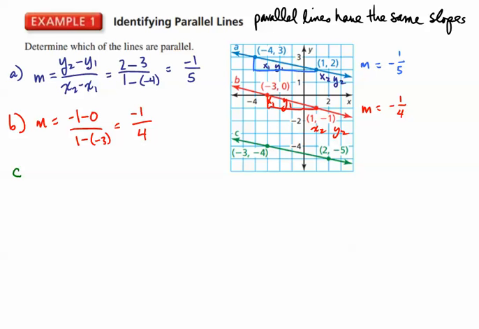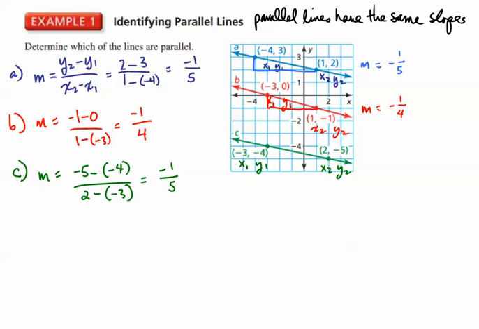The green line, C. We have m is equal to, label our points, x1, y1, x2, y2. y2 is negative 5 minus y1 is negative 4 over x2 is 2 minus negative 3, and we have negative 5 plus 4 is negative 1, and 2 minus negative 3 is 2 plus 3, which is 5.